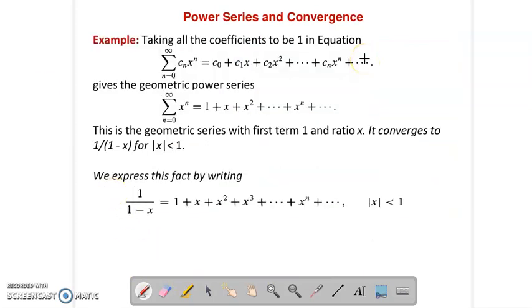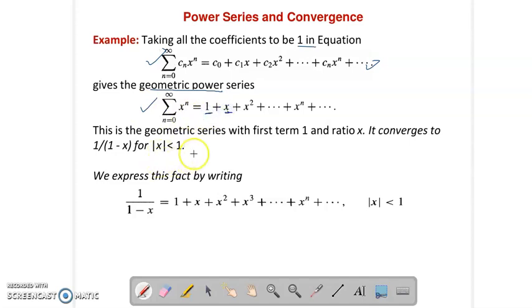So let's see this example. So this was the power series, taking all the coefficients, that is C0, C1, C2 and so on, to be 1 in this equation. So this gives rise to a geometric power series. So we have summation n going from 0 to infinity x raised to the power n. Now this is a geometric series with first term 1 and common ratio x.